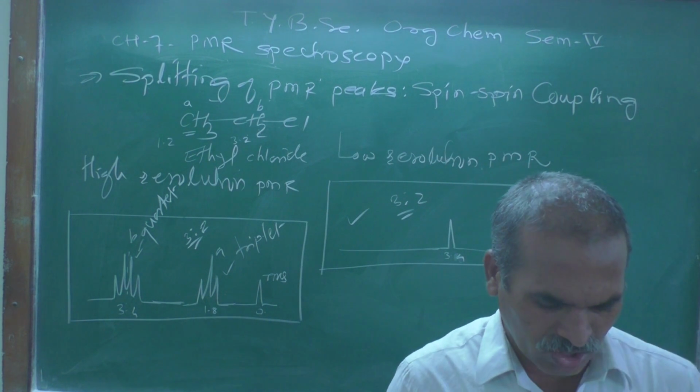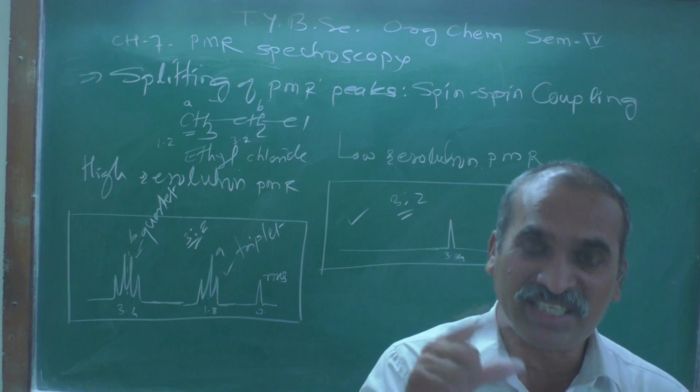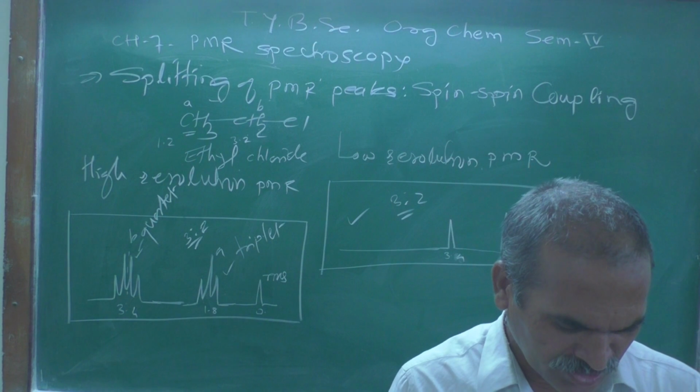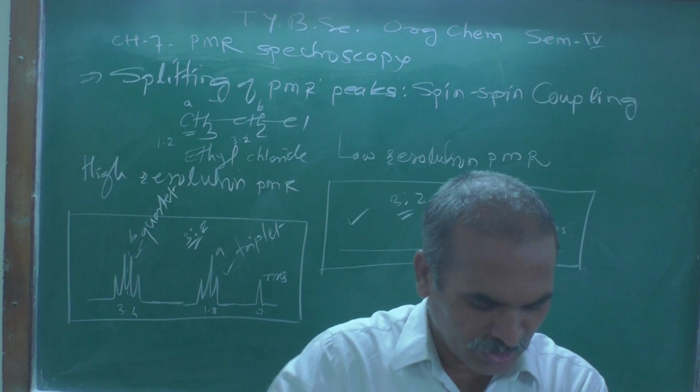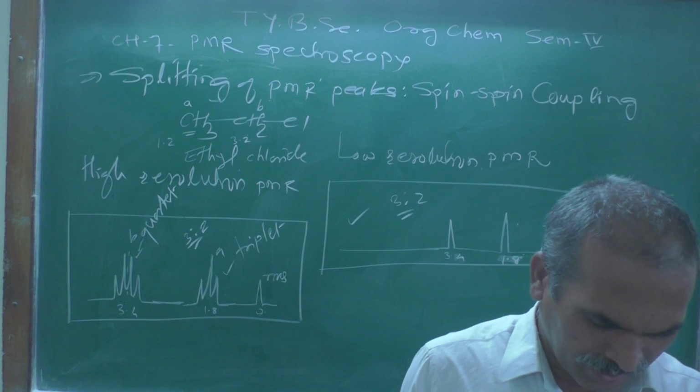The splitting occurs due to the coupling of spin states of the given molecule with the spin state of the adjacent or neighboring nuclei, that is spin-spin coupling.